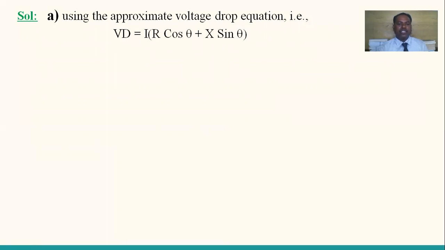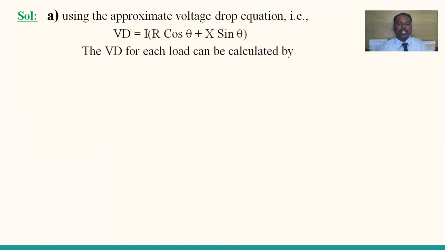The voltage drop at load point A is 30, the current diverted, into R, 0.05 for that section from the distribution transformer, into cos theta, which is unity, plus X, 0.01, into sin theta, which is 0, which is equal to 1.5 volts.